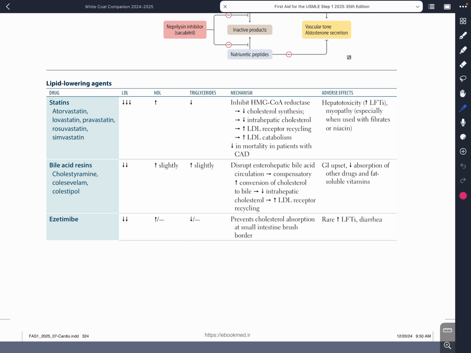So at 12 years and above, you can put them on a statin if they are obese, if their BMI percentile is more than 90%. So statins: main drugs are atorvastatin, lovastatin, pravastatin, rosuvastatin, simvastatin.